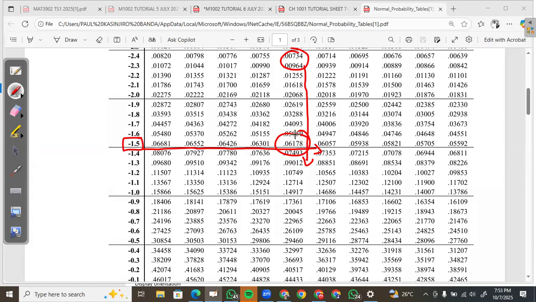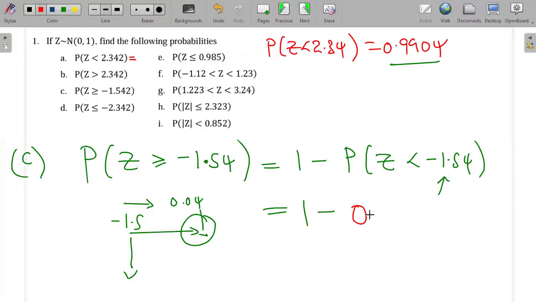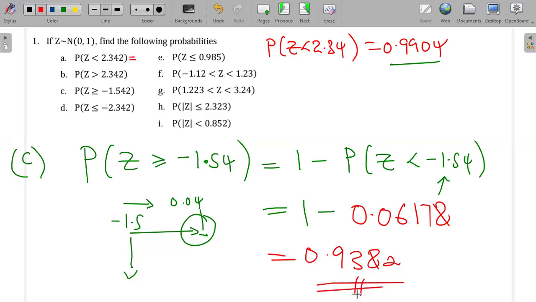That is 0.06178. So we subtract: 1 minus 0.06178 gives me 0.93822. So that will be the probability on C.